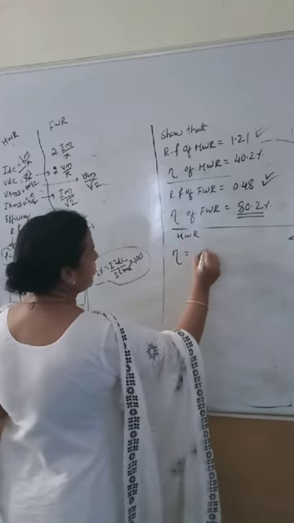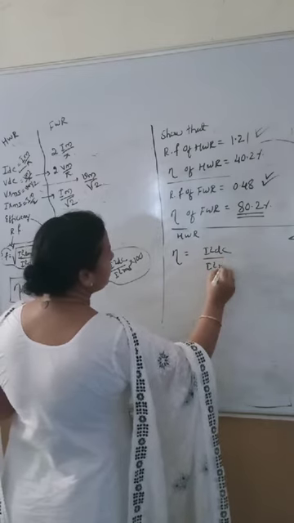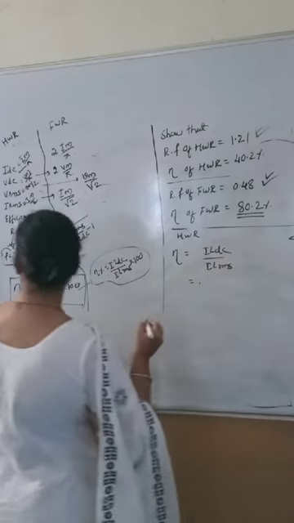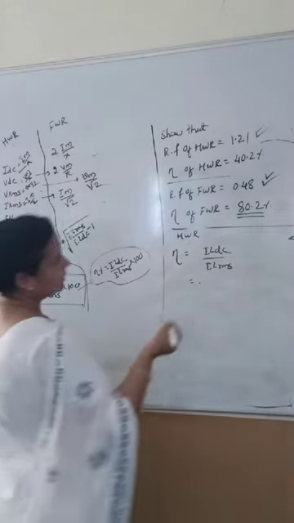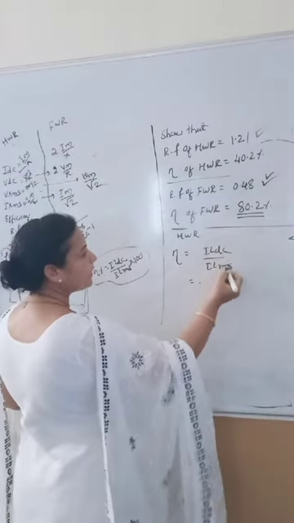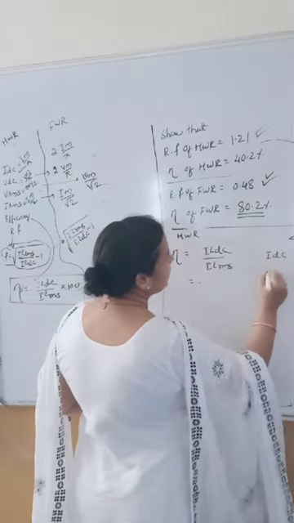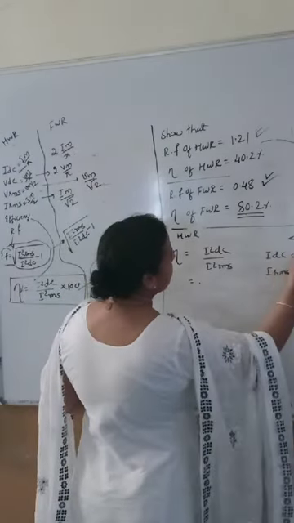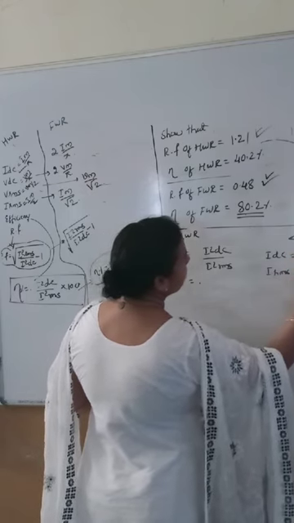Efficiency is equal to I square DC divided by I square RMS, right? What will you do? Substitute the values for IDC and IRMS. IDC is Im by pi. IRMS is equal to Im by 2.